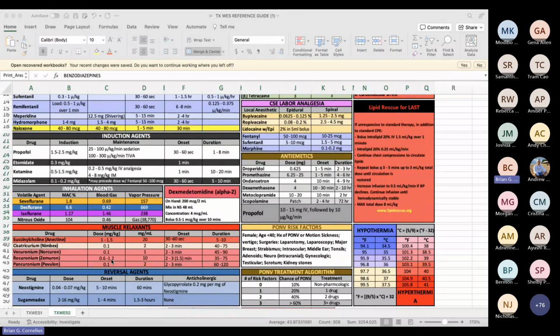DES or ISO, just because they're a little bit more pungent, may be bad for the patient. On the other hand, DES tends to stick around a little bit longer, but you also tend to get a more profound sedation and relaxation at a lower dose without a lot of the hemodynamic effects you see with higher doses of sevo. So there's trade-offs for each one.